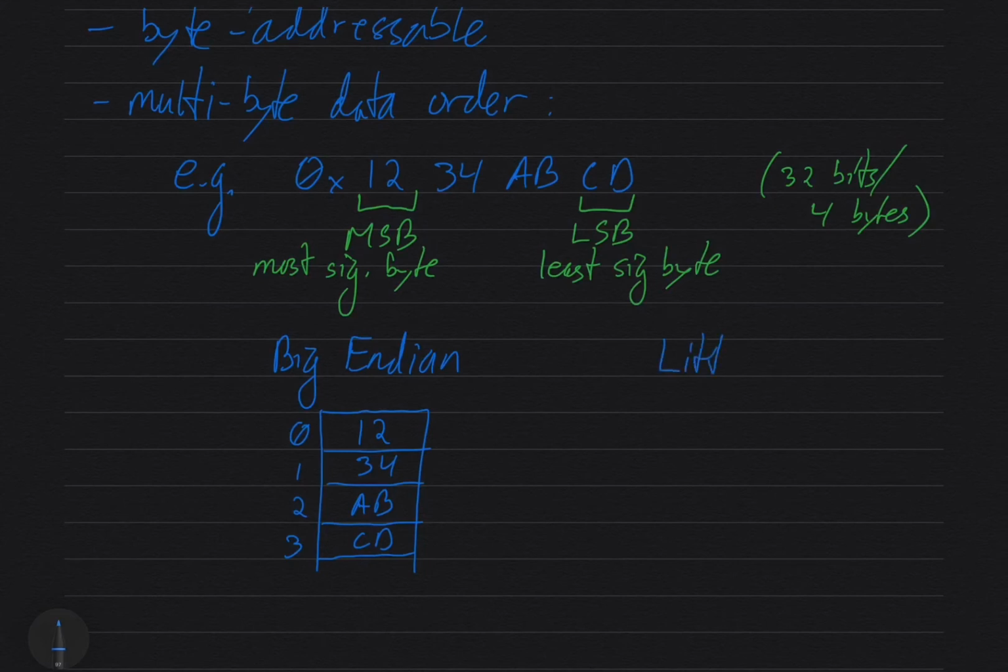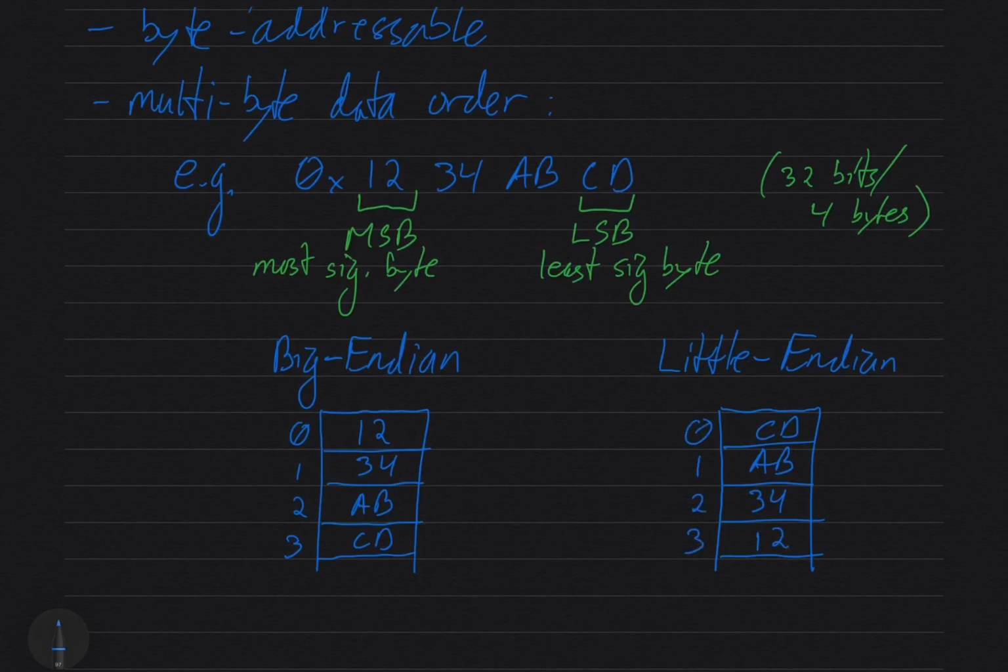The other option, I should have a dash there, that's big-endian, and the other is little-endian. So we have CD, AB, 3, 4, 1, 2. And those are the byte addresses there.